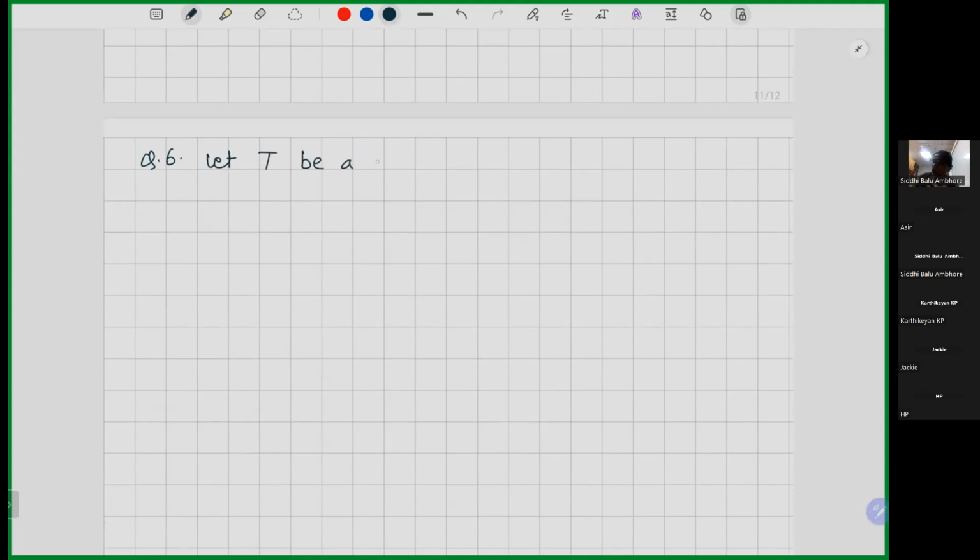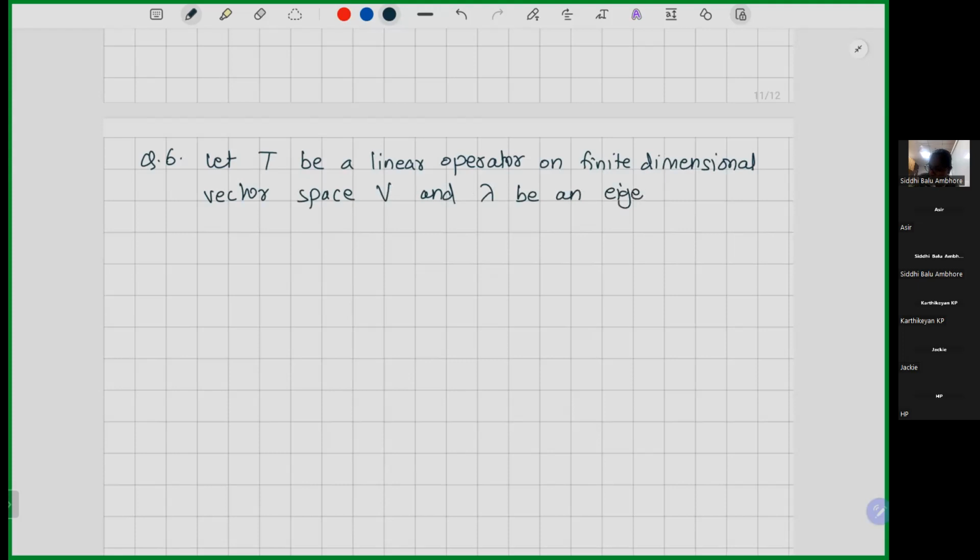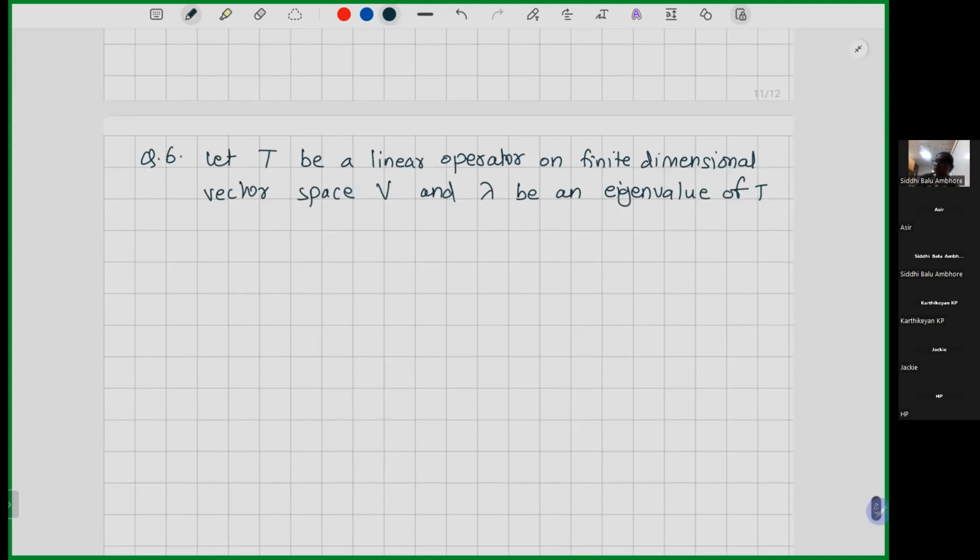So let T be a linear operator on a finite dimensional vector space V, and lambda be an eigenvalue of T with an eigenvector v in V. So we need to check whether the following statements are true or false.